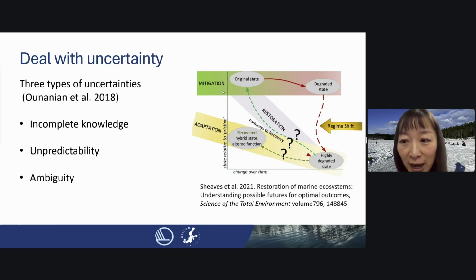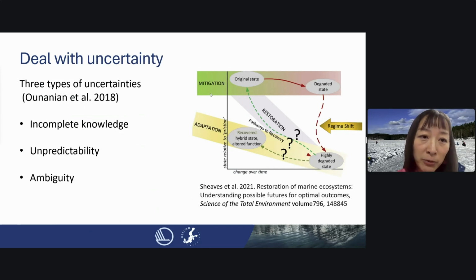Whether we could shift the highly degraded state to the original state, whether there are good pathways to recovery, and, if it's recovered, is there an alternative function to reach a different status, either for mitigation purposes or for adaptation purposes. So there are a variety of uncertainties.